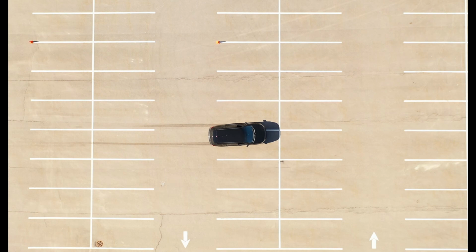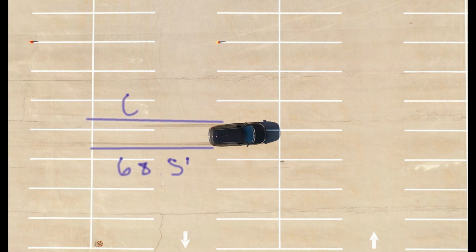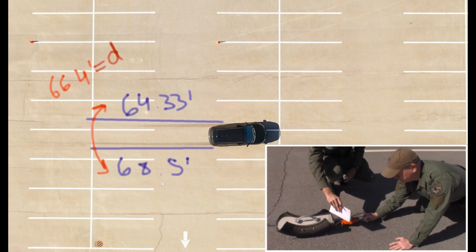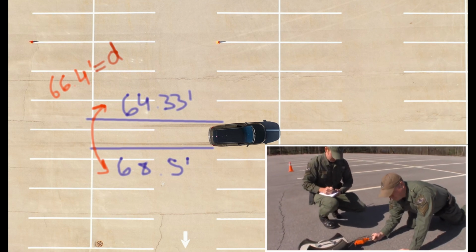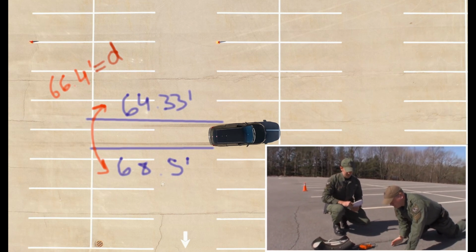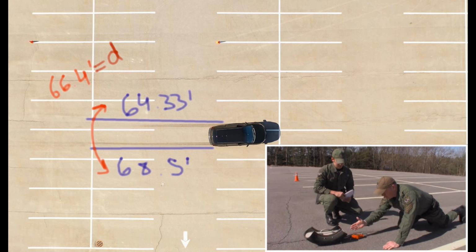In summary, let's revisit the experts' vehicle speed investigation. They measured both the right and the left skid marks. To determine the average length, they added together both measurements and divided by 2. This gave them an average skid mark distance of 66.4 feet. Next, the experts needed to determine the coefficient of friction, that is, how easily the tires slide against the surface of the roadway. Using their drag sled equipment, they took 10 separate measurements.